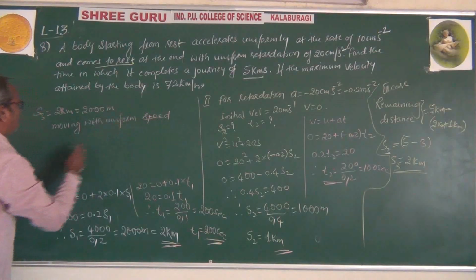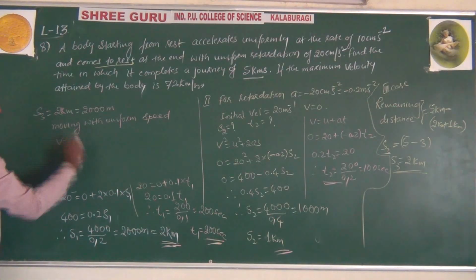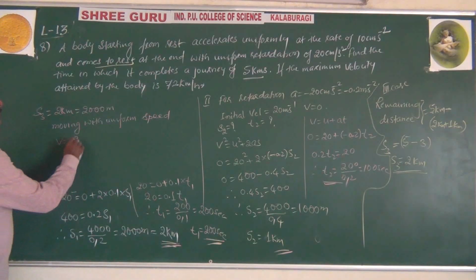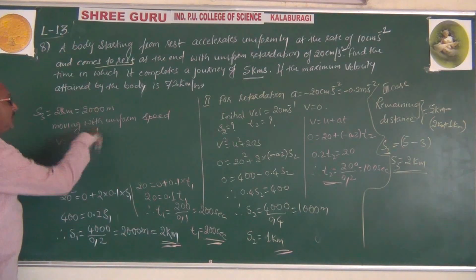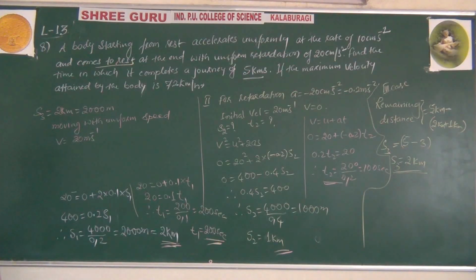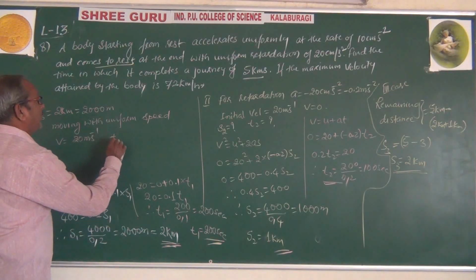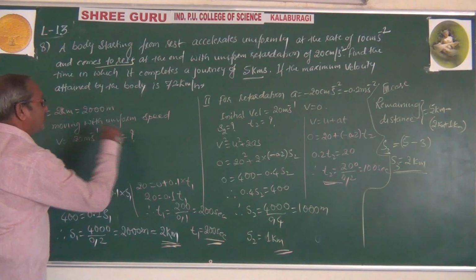Uniform speed means V equal to how much, the maximum it attained? 20 meters per second. This is uniform. Now for this we have to find out time T3.